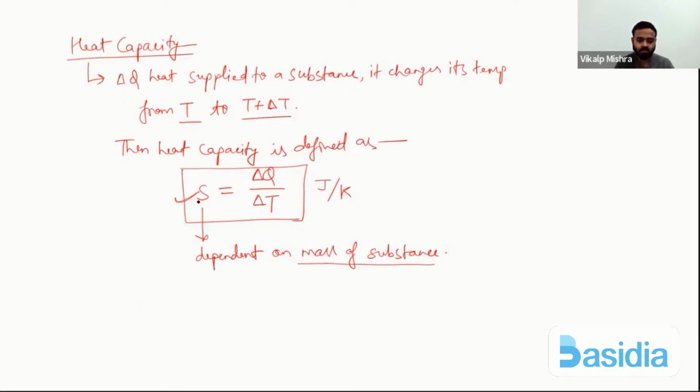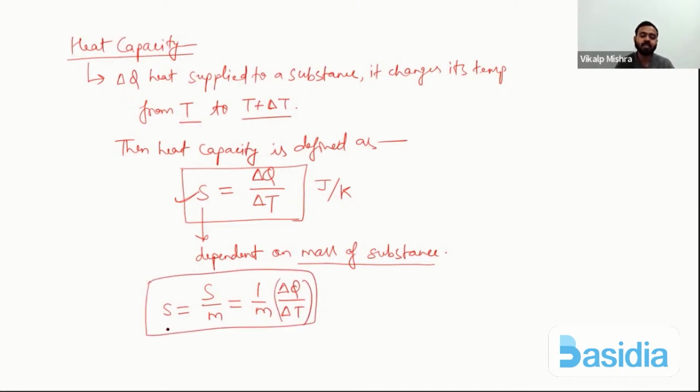If we divide S by M, we get small s, equal to capital S divided by mass, which is 1 by M times delta Q by delta T. And this small s is known as specific heat capacity.